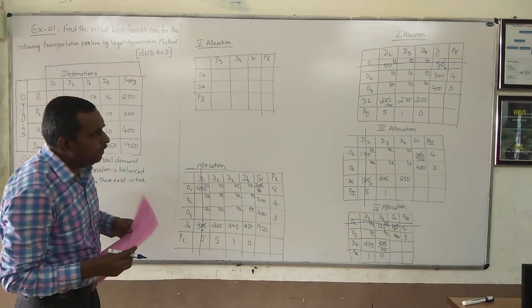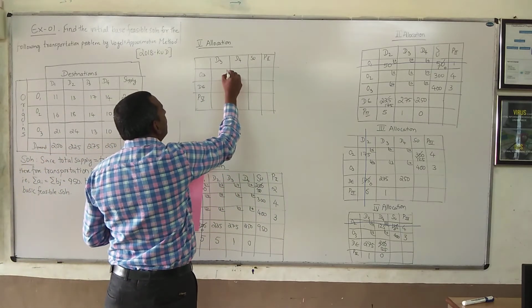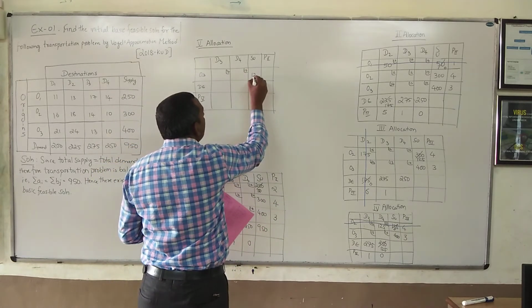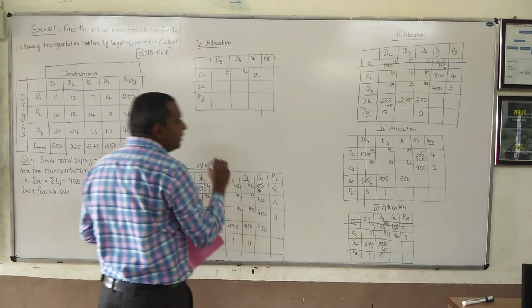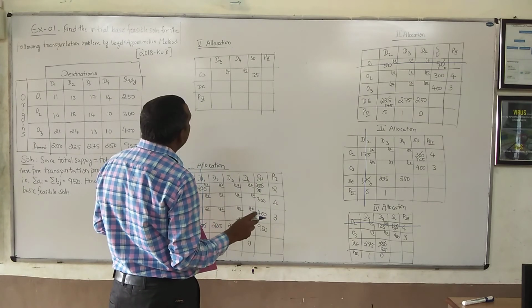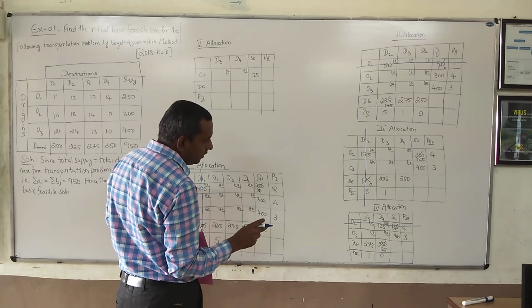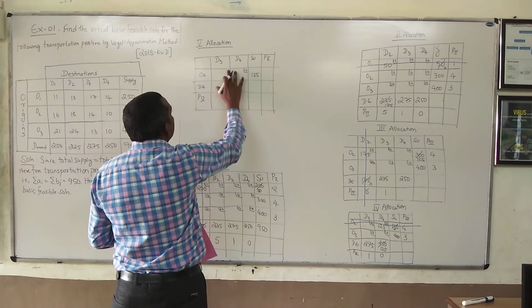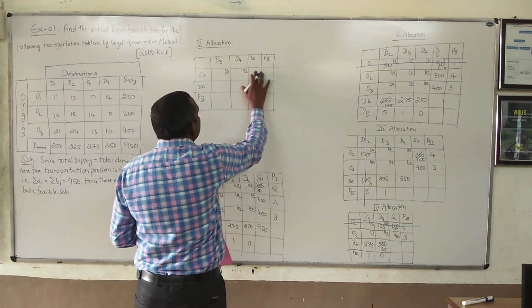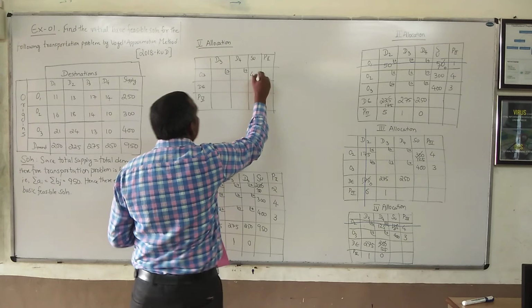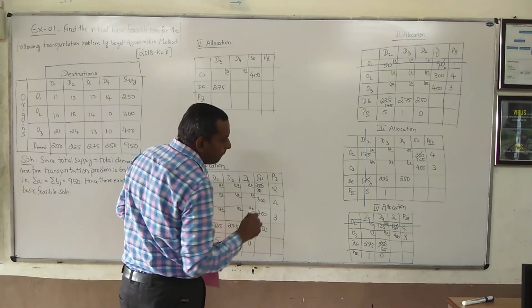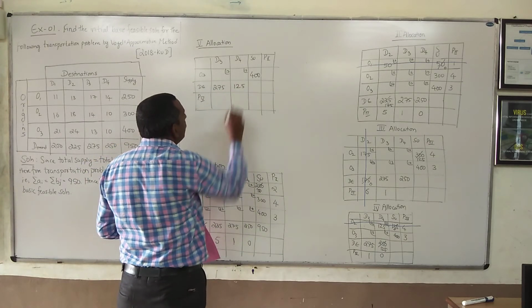Fine. So let me write the values here. 14, 10. We are left with only 13 and 10, and the demand is 400 here. It is 275 plus 125.